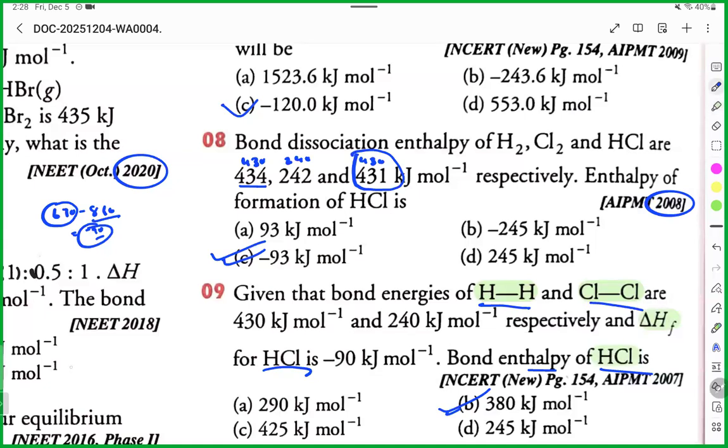Final value is equal to hydrogen plus chlorine minus 2HCl. 2HCl will go to the other side. Hydrogen value 430 and this is 240, so total 670. And HF will go to the other side, plus 90. So it will be 760 divided by 2. You will get the answer.